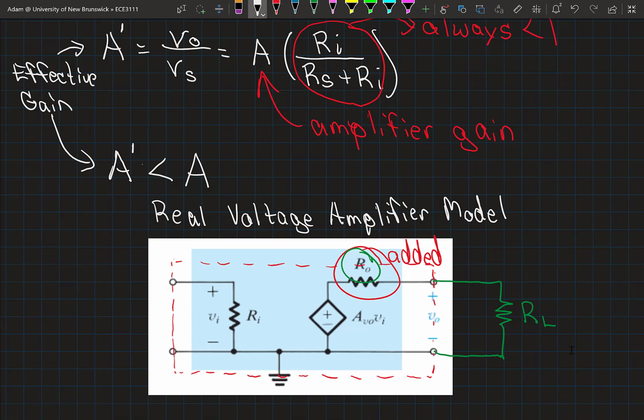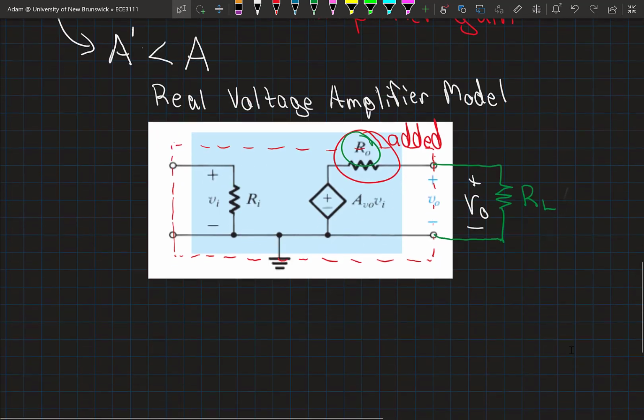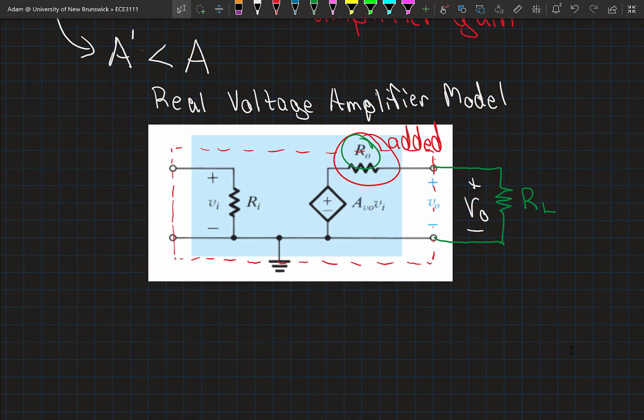I'm just going to rewrite this voltage at the output here just to highlight it. So that voltage on the output is also going to be impacted by the output resistance, and we're also going to encounter a voltage divider effect at the output. So at the output now we have a voltage that's generated due to the input. That's equal to the gain times the input voltage.